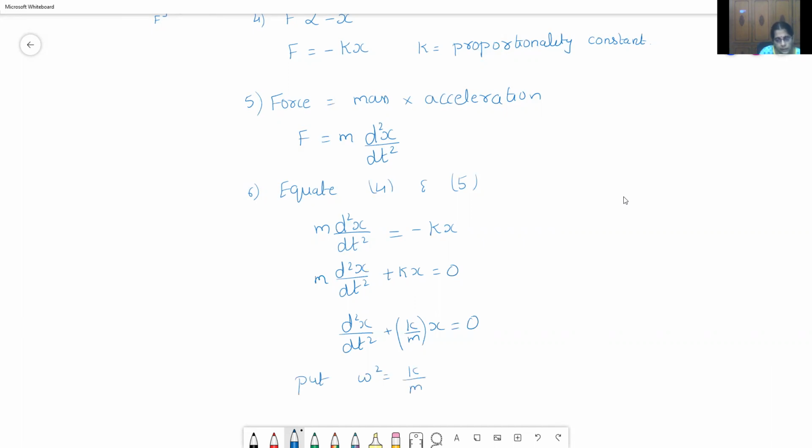Then I get d square x by dt square plus omega square x equal to 0.